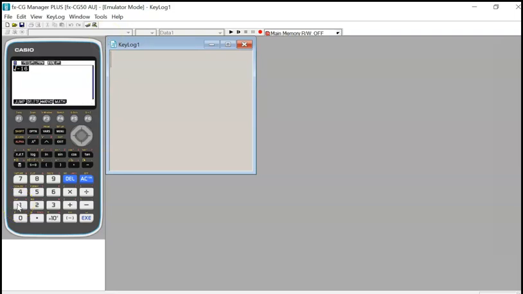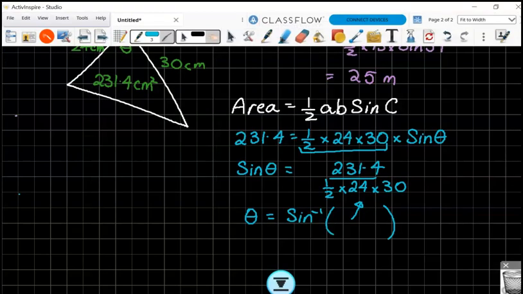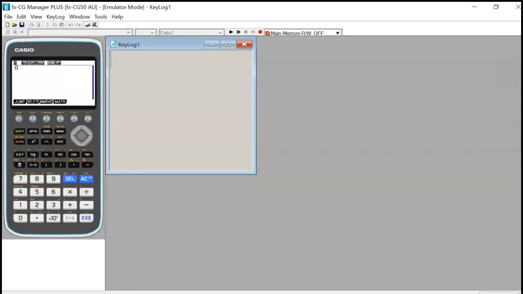The reason that I'd like you to type this in first: so we'll go fraction button 231.4 over 0.5 times 24 times 30.